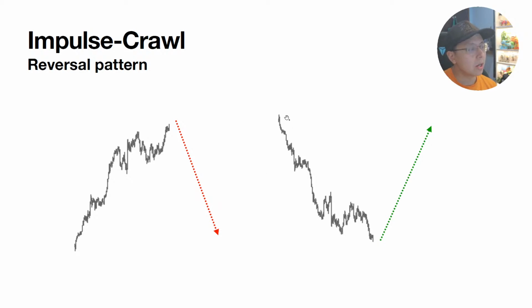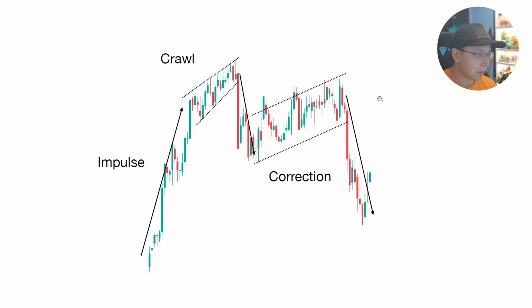Same thing here. The market came down initially very fast, impulsive. Then it starts to slow down. It starts to struggle as it continues to go lower. So what does it mean? It's a reversal pattern. There's a very high probability price will reverse. So again, it gives you that sense of direction to focus. Give you an example.